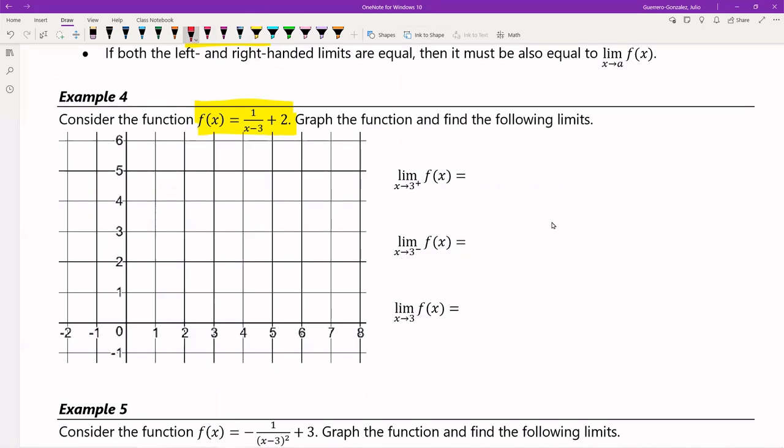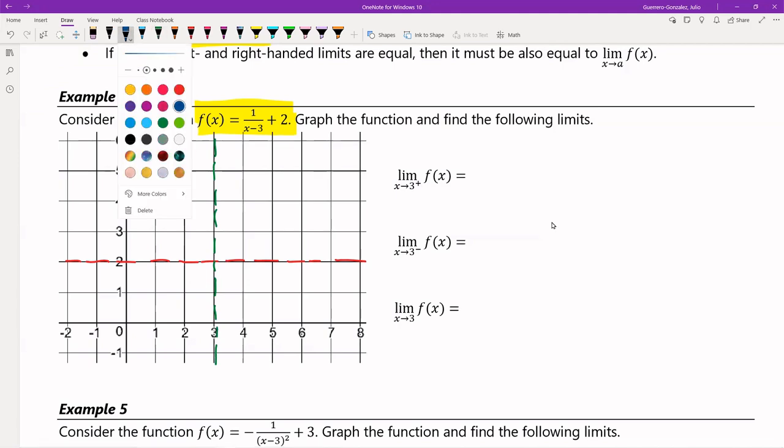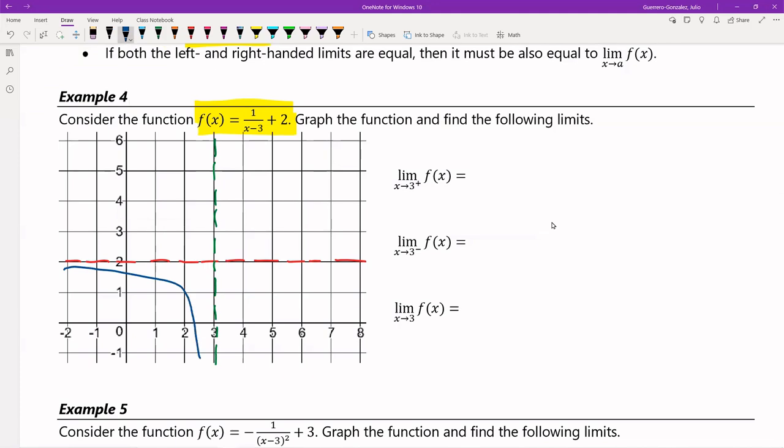One asymptote at 2, so I'm going to draw in that asymptote right there, positive 2, and another asymptote at x equal 3. So I'm going to plop down that one too. So it's got one vertical and one horizontal asymptote. And the graph for this thing looks something like this. It's a double swoosh. You guys remember, it's a whoosh and a whoosh.